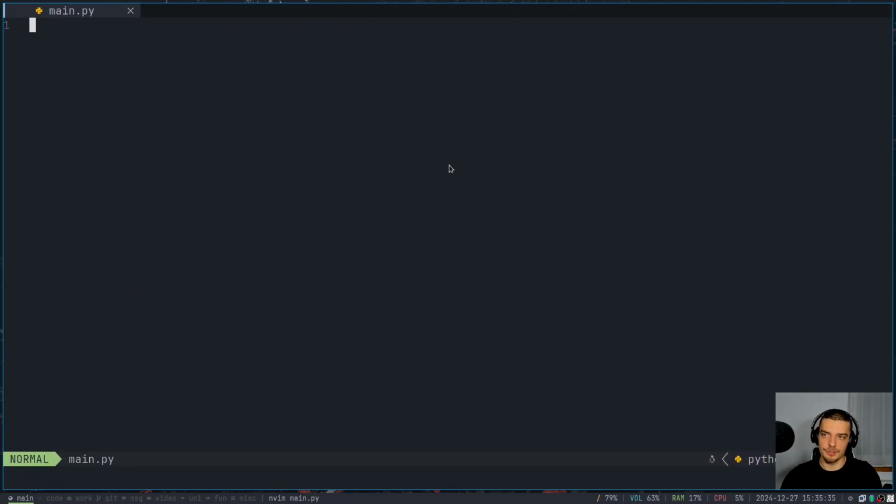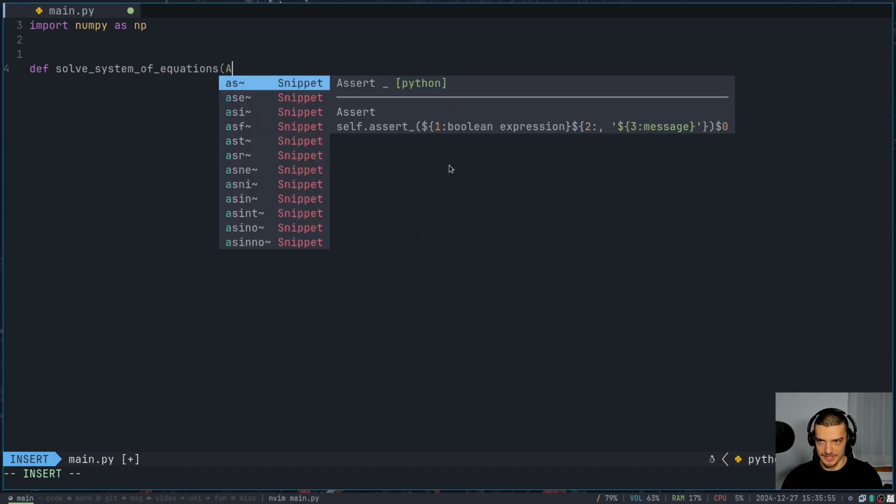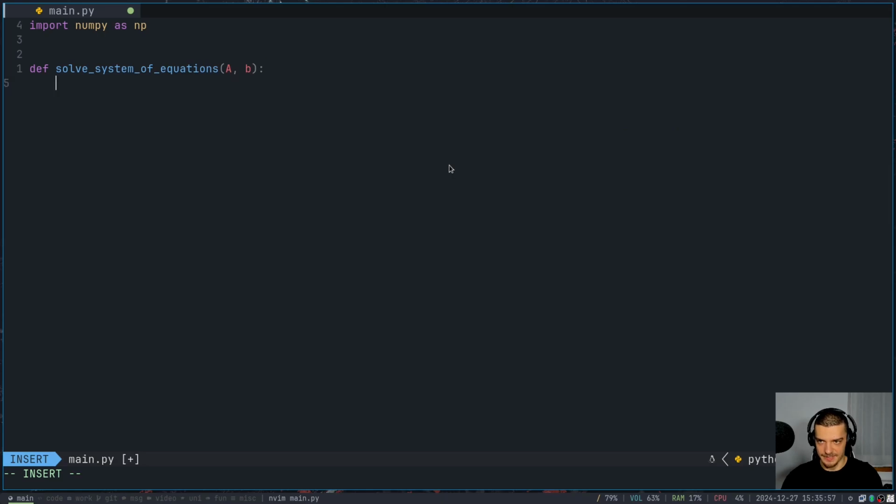And what I want to do first is I want to have a NumPy linear algebra based function that can give me the correct result, so I can double check if I'm doing everything right. So I'm going to say import numpy as np. And then we're going to define the function solve system of equations, and we're going to get a and b as input here, a being the matrix representing the coefficients, and b being the target vector or results vector.